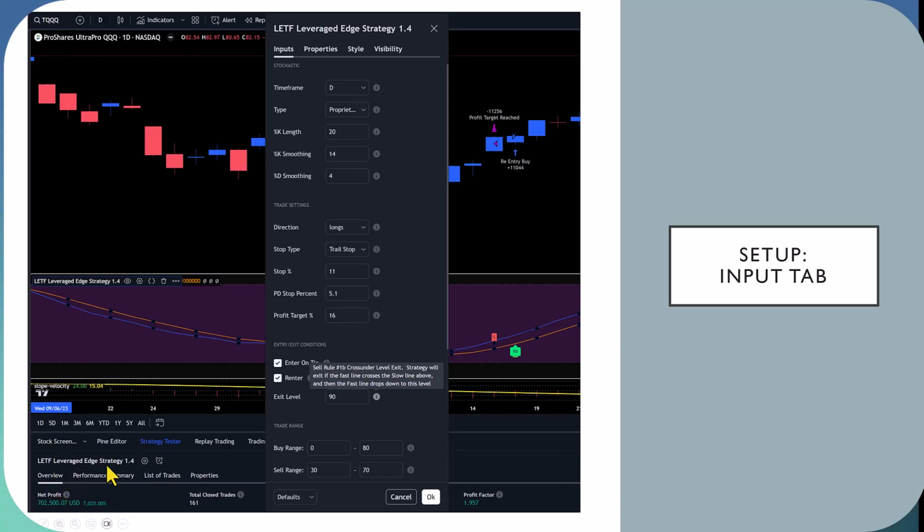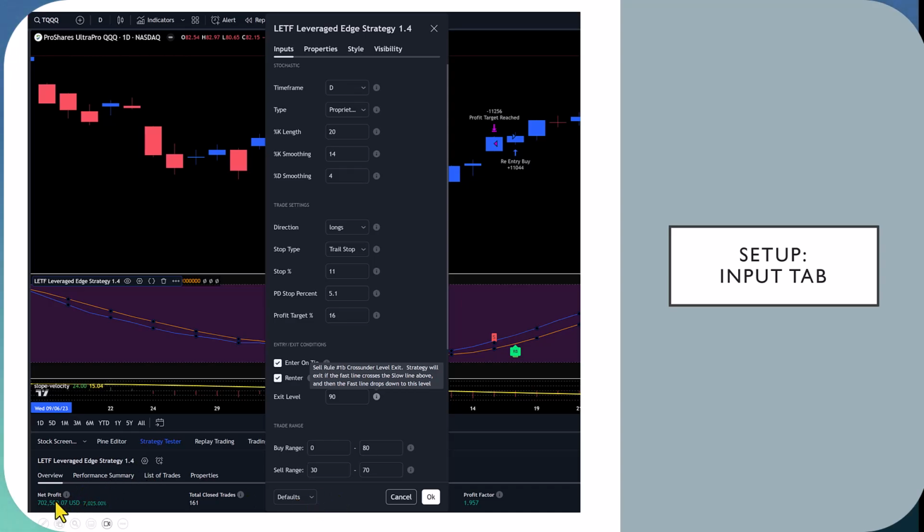The strategy tester I mentioned by TradingView can be brought up by clicking on strategy tester here, and then you can click on overview and see, based on, down here underneath this trade range levels here, you can input dates for starting and ending a backtest, and that then would generate backtest data.